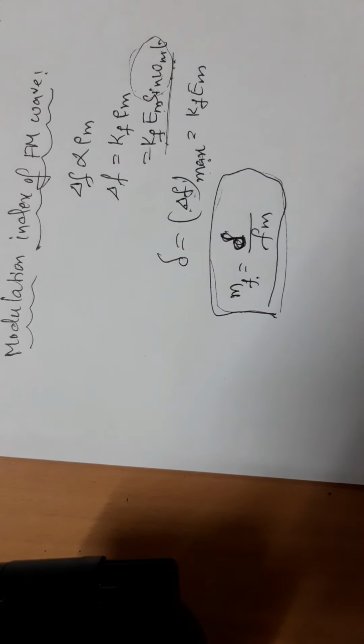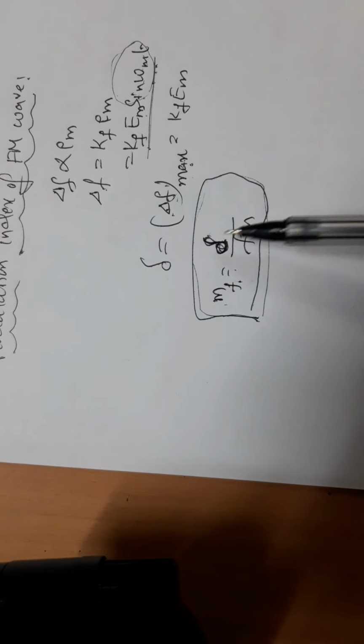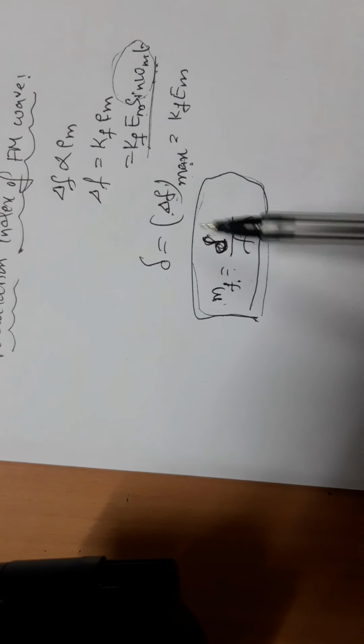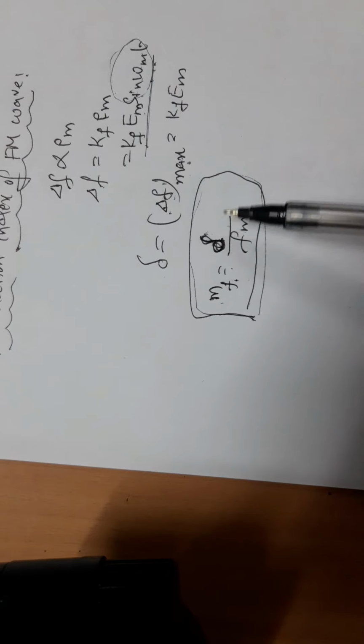So, in definition, we say that the modulation index of the FM wave is defined as the ratio of the maximum carrier deviation from the normal carrier frequency to the maximum modulating frequency.